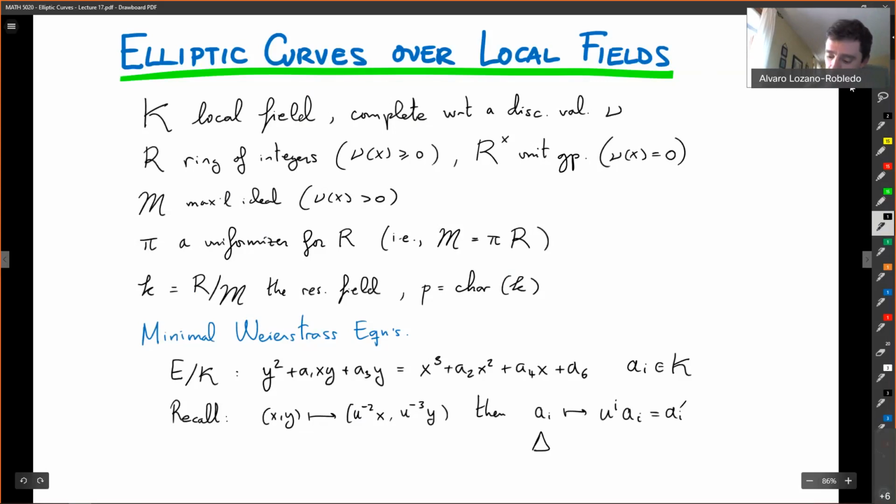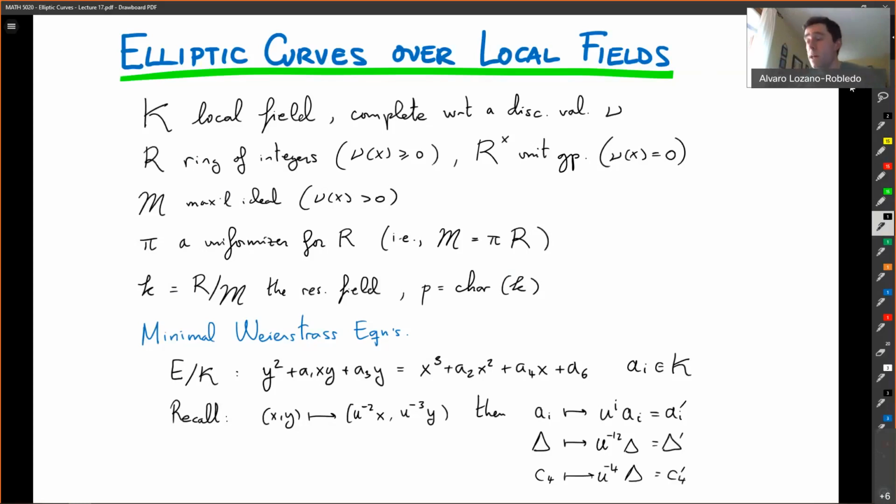The discriminant of the model changes by a power of 12, and that would be my new discriminant, and my c4 coefficient changes by a power of 4. That would be my new c4.